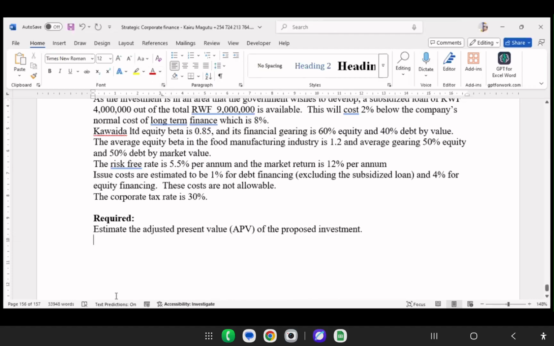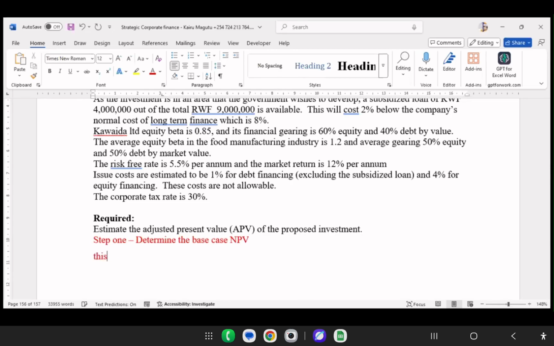In this case, I will do step one, and in step one is determine the base case net present value. We call it the base case NPV.